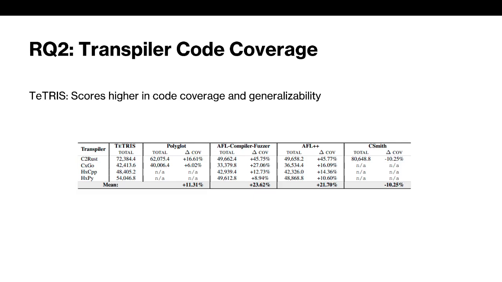Once again, AFL compiler fuzzer and AFL++ were generalizable, but in both cases, TeTRIS scored 20% higher than either of them. CSmith again did the best in terms of coverage in this metric. They actually scored about 10% higher, but once again, CSmith only works on C, so even though it does well with C, it's not as generalizable.